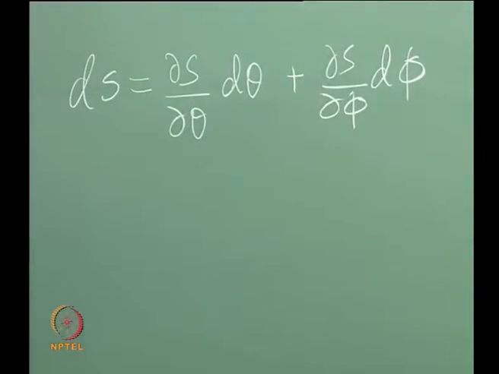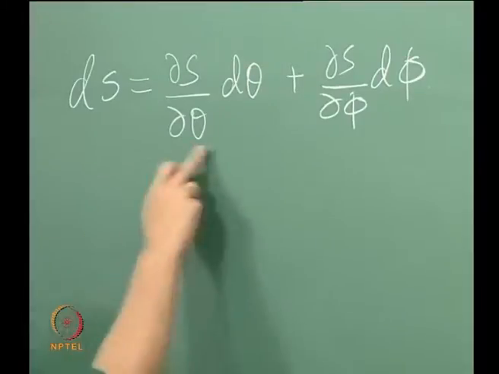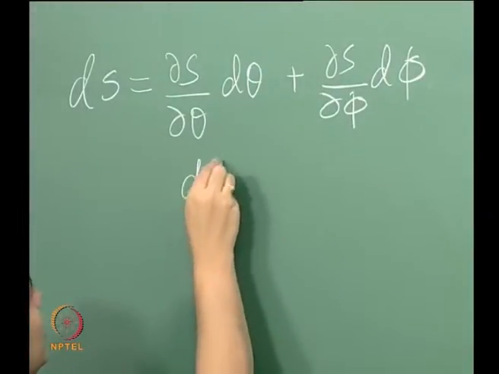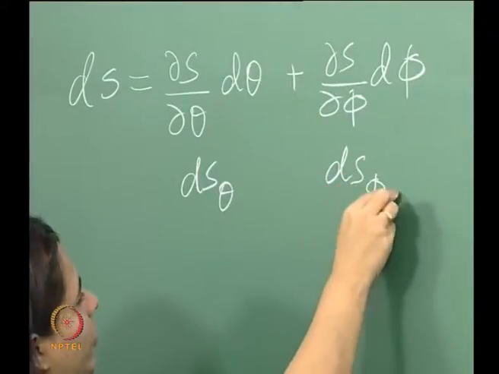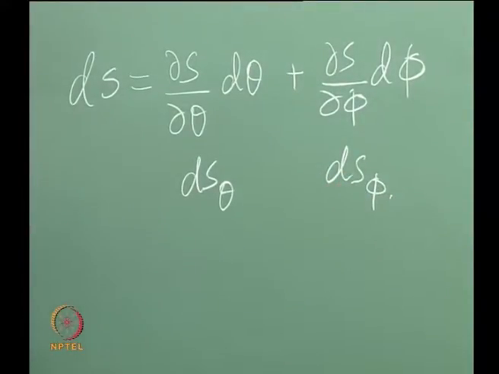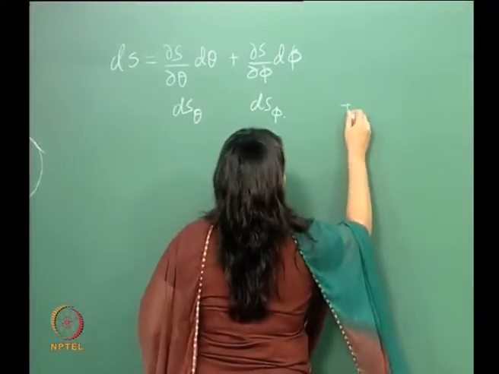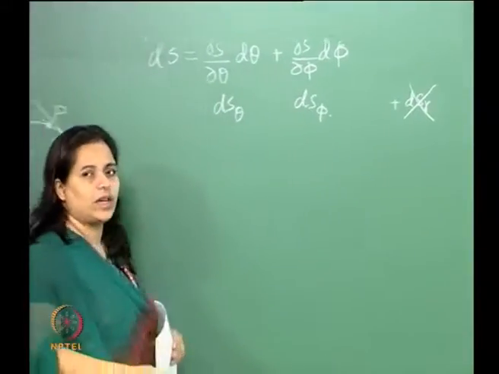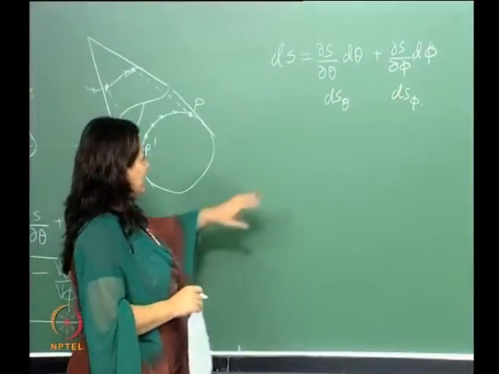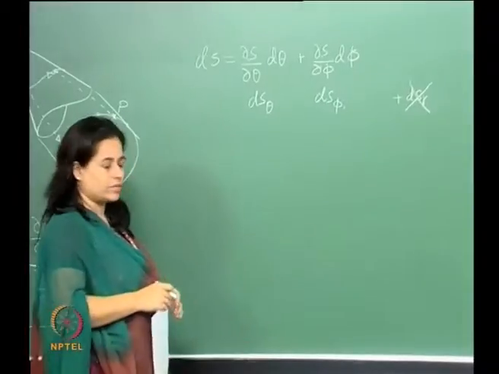That is what it amounts to. So, this is ds in the theta direction and this is ds in the phi direction. I do not have a ds in the r direction because it is constant, but we do have this.